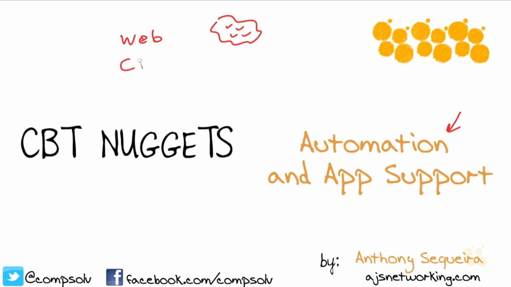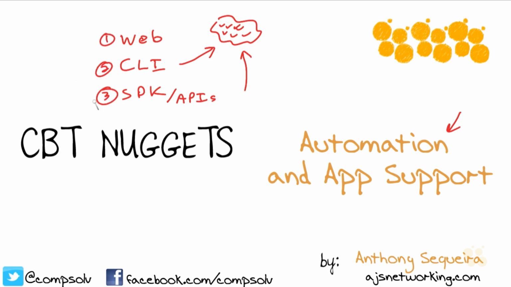If you use the command line interface and you run scripts, you can automate the creation of resources in the cloud. And then there's software development kits, of course, that we can use that use APIs to allow us to write software programs to automate in the cloud. So these are the three main ways in which we interact with the cloud, and those provide automation.